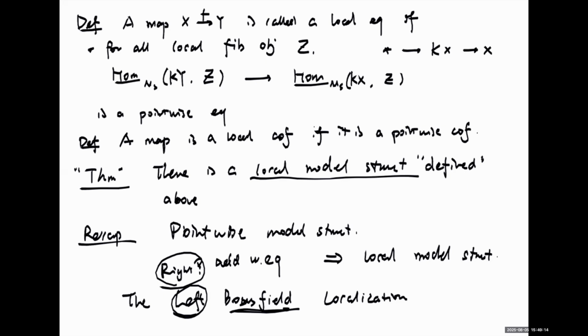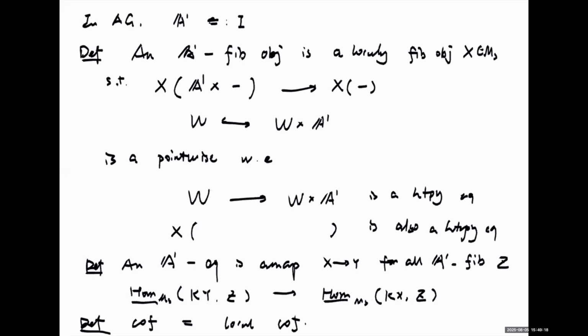Here I have an A1-fibrant object, and I'm going to define A1 equivalences on it.